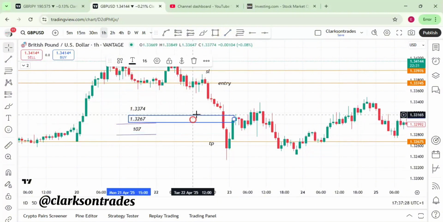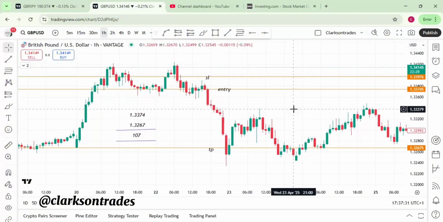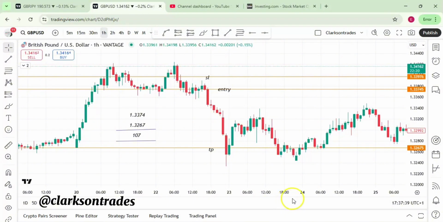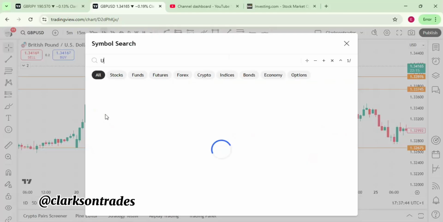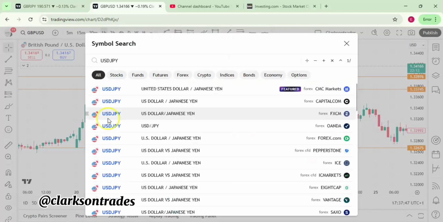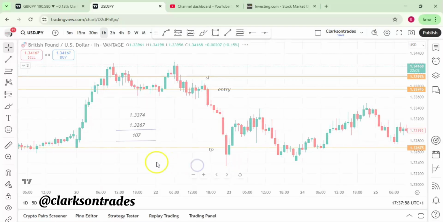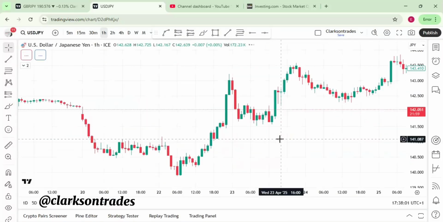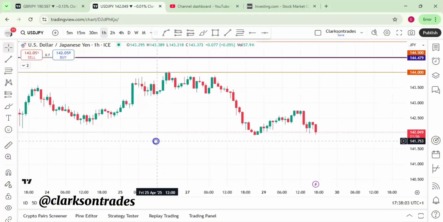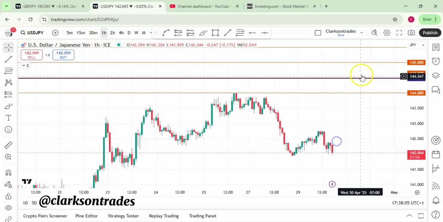So basically, the easiest way to calculate pip without using a toolbar to know the figure is just to do simple subtraction. And in this case, pip is actually the full figure after the decimal point. But for pairs that have the Japanese yen, like USD JPY, GBP JPY, CAD JPY, AUD JPY, all those pairs that have JPY coded to it, pip is the second figure after the decimal point.